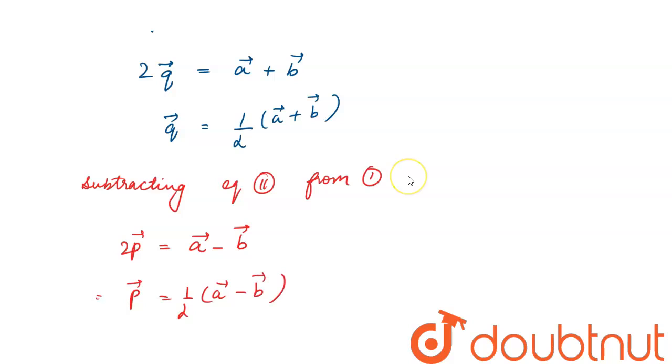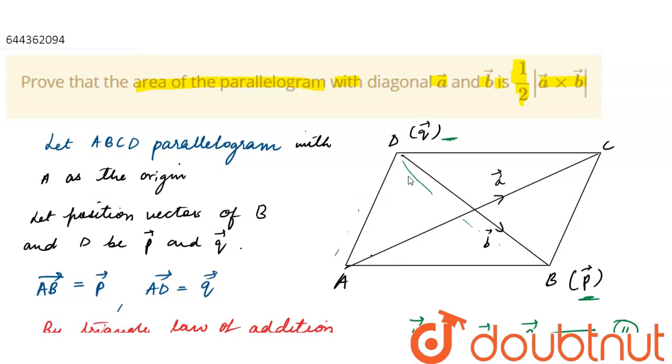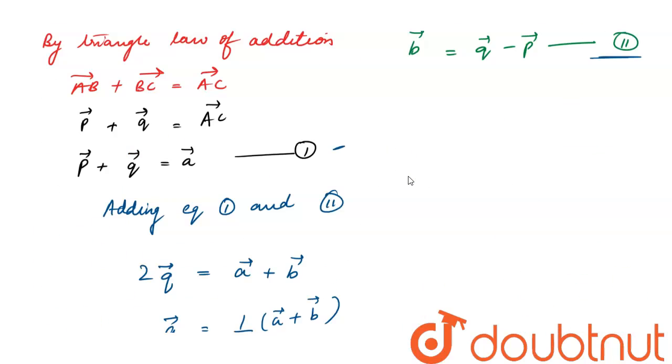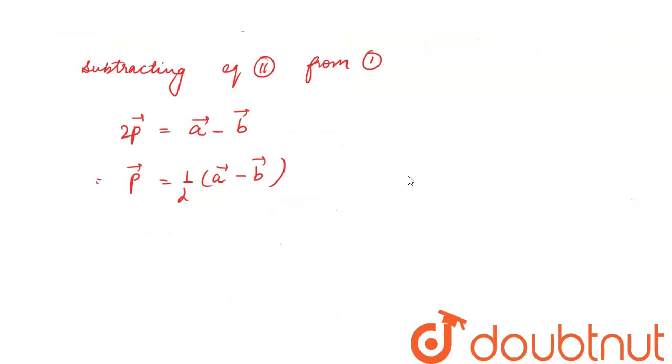Okay, now in the question we have to prove the area of the parallelogram with diagonals A and B vector. So we'll find the area, which is P vector cross Q vector.